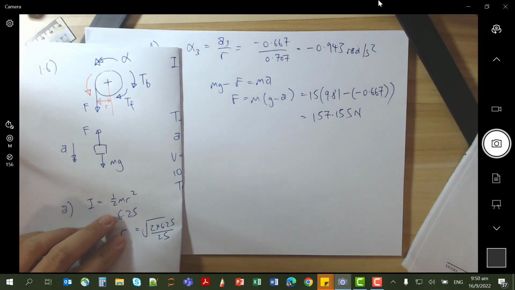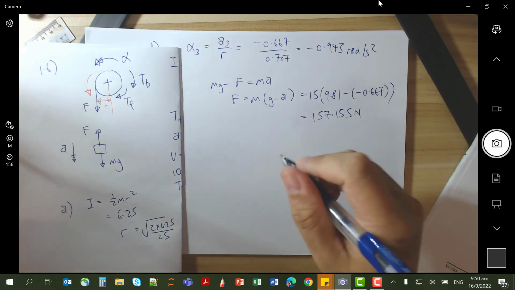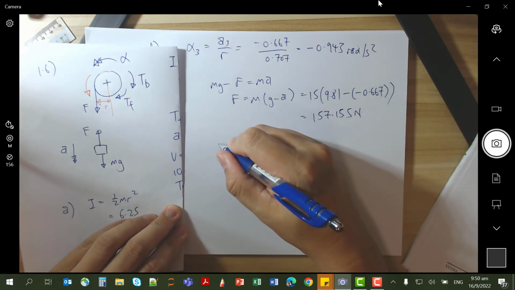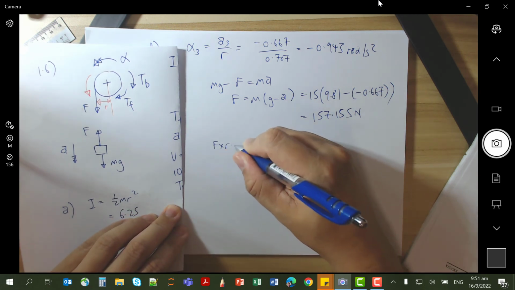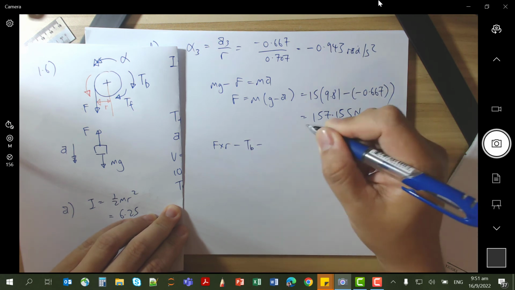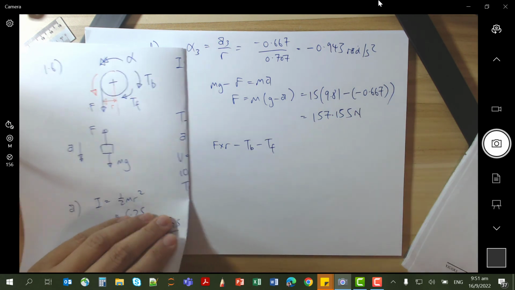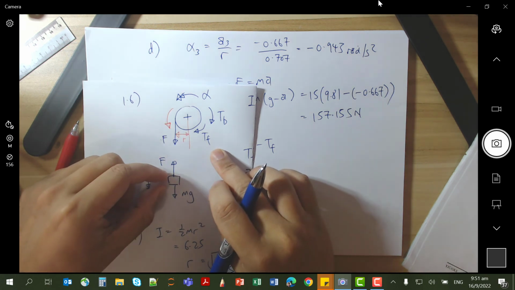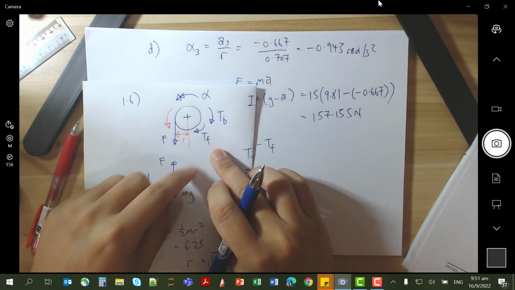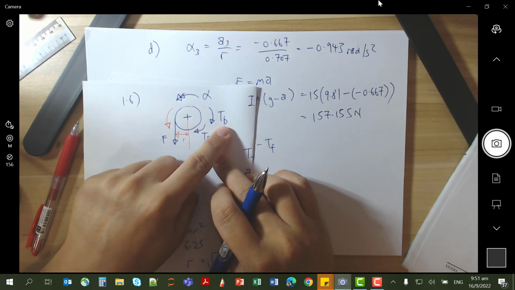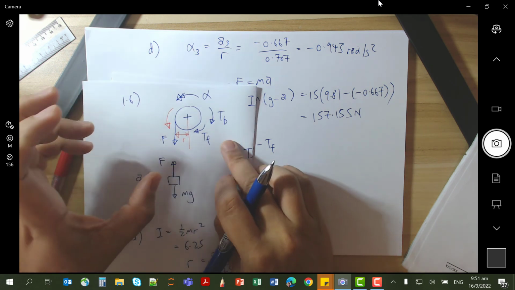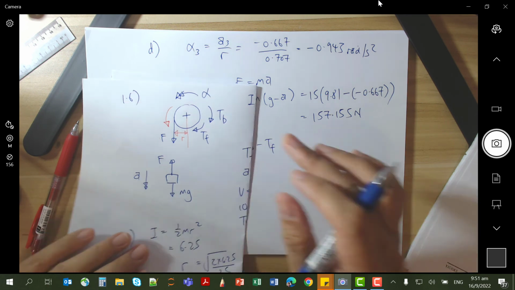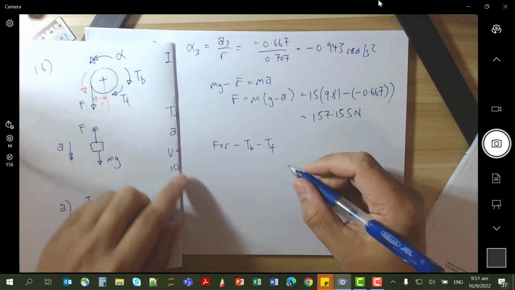The equation remains the same. F times R minus TB minus TF. Why do I say it's the same? Because even as you decelerate, the cage is still going down. You are still applying a braking torque, but this time the amount of torque is different, but the direction is still the same.